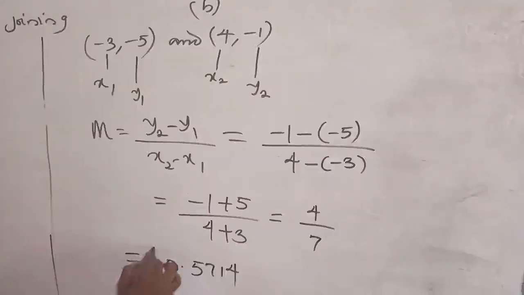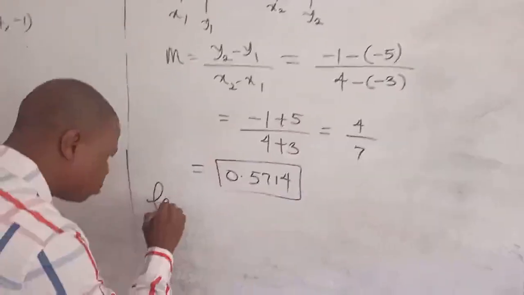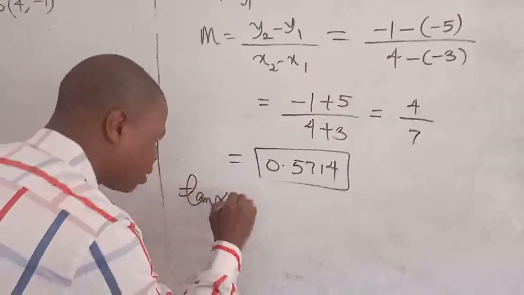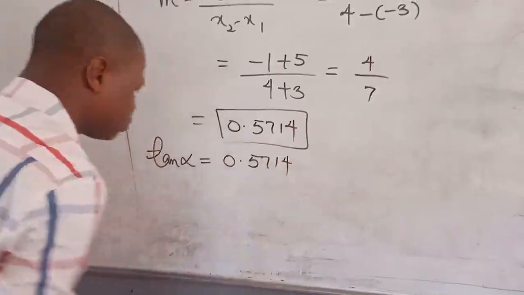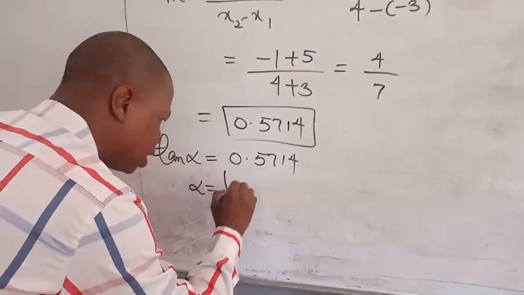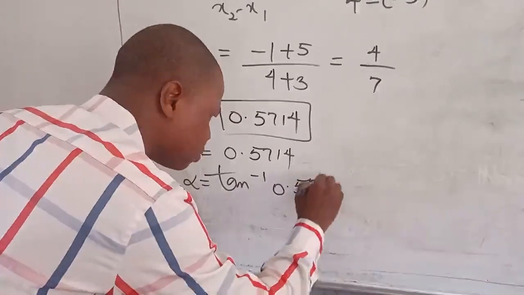5714. And this is our slope. Then the angle of slope is tan alpha equals 0.5714. Then our alpha will be tan inverse of 0.5714.